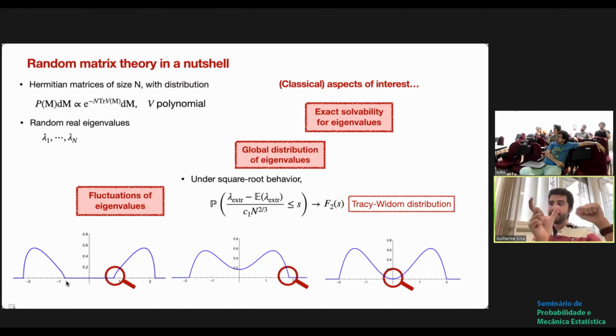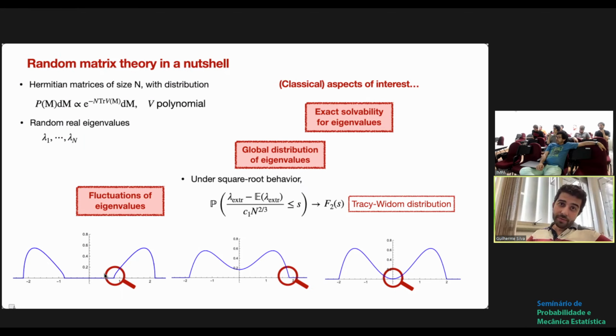You put a slightly bigger set which contains this interval and that one as well. And then what you prove is that for this slightly enlarged set, the probability that you find eigenvalues outside this set decays exponentially.